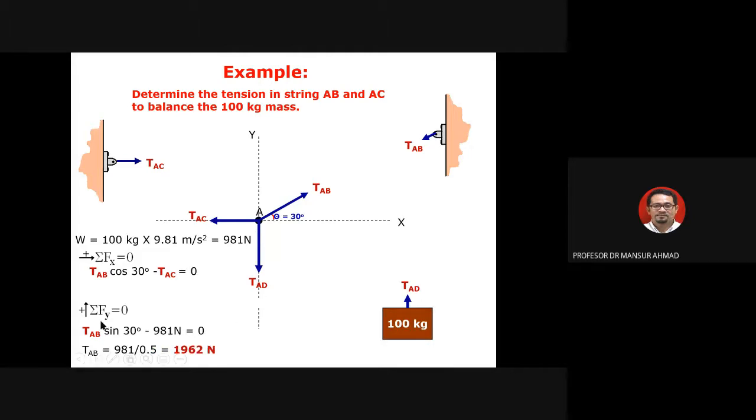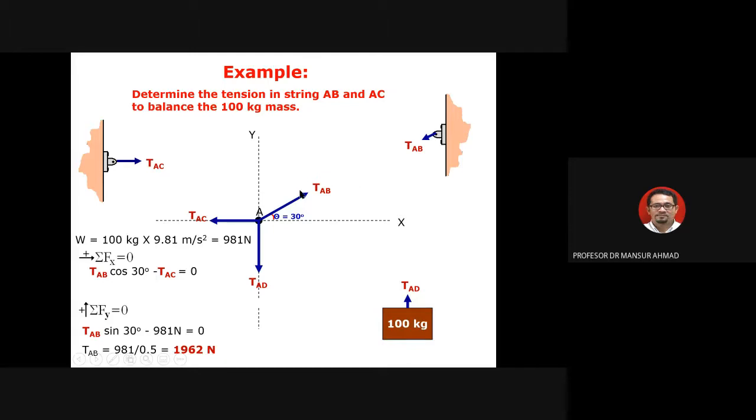Okay, when I'm looking at Y direction, I got the answer TAB, meaning tension in string AB, which is known already, which is here, 1962 Newton.